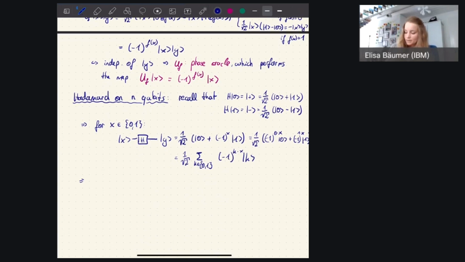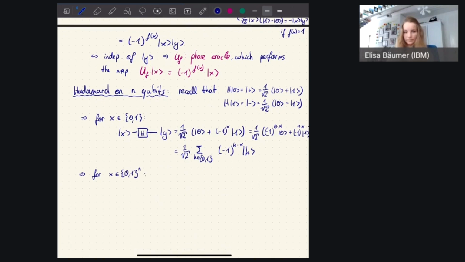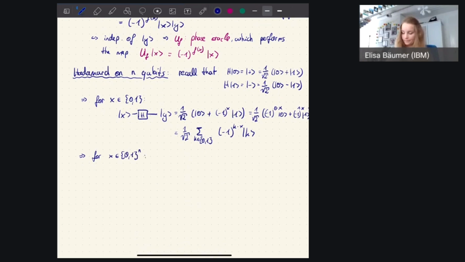So why I'm doing this is because now I want to generalize it to n qubits. Let's say x is an n-bit string, still only bits, so only 0 or 1, not superposition. Then I can write x as x0, x1, and so on until x(n-1).